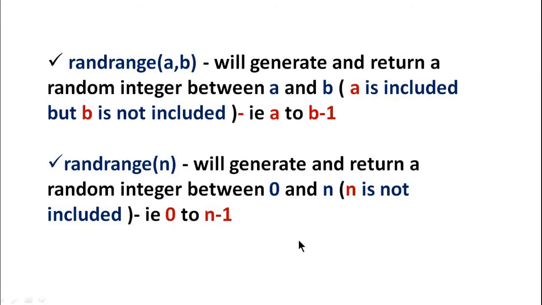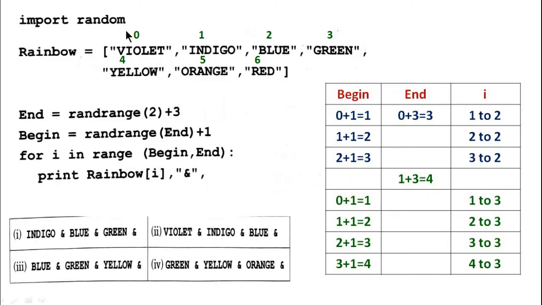We will move to our program. Import random, then a list rainbow, end equal to randrange of 2 plus 3. What will this randrange return? 0 or 1. 2 is not included. Then end equal to randrange of 2 plus 3. That is, end can take the value 0 plus 3 equal to 3, when the randrange function returns 0.